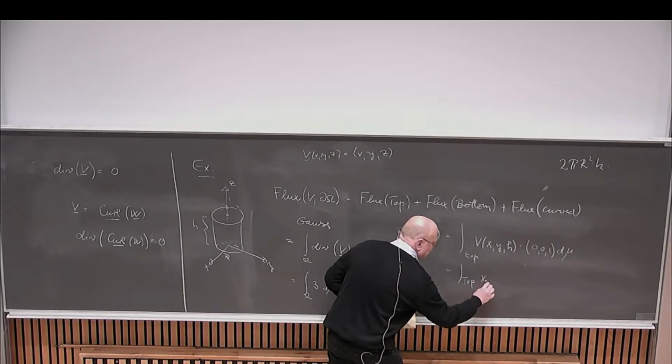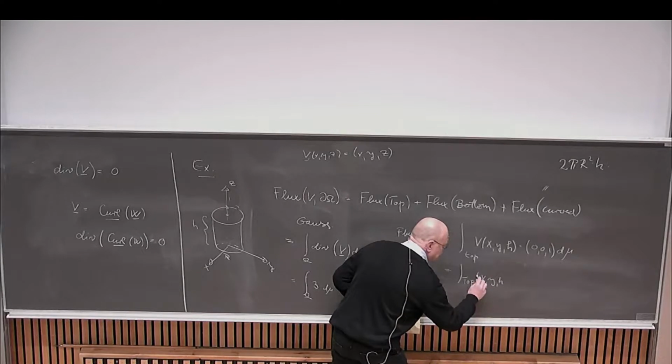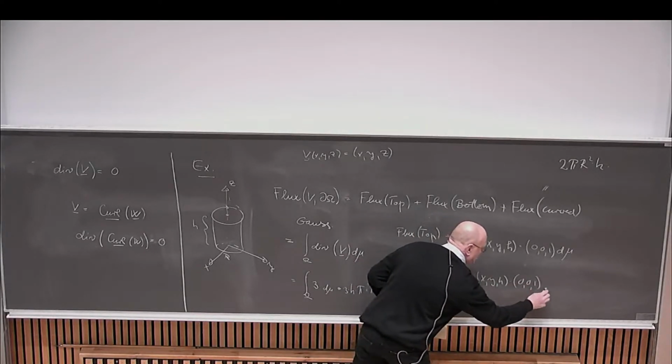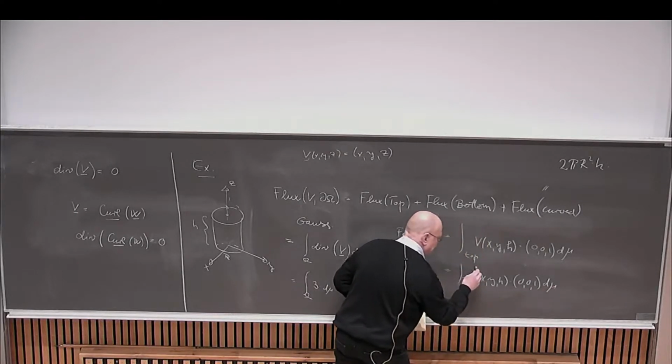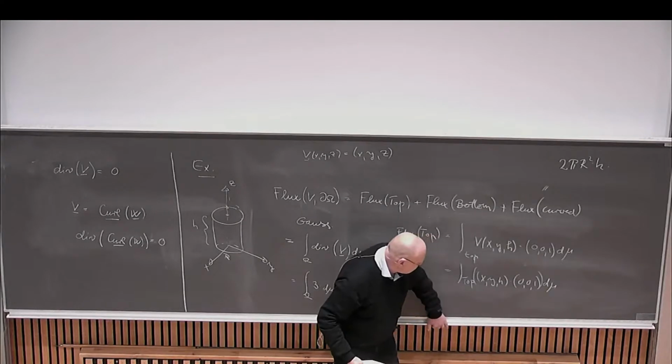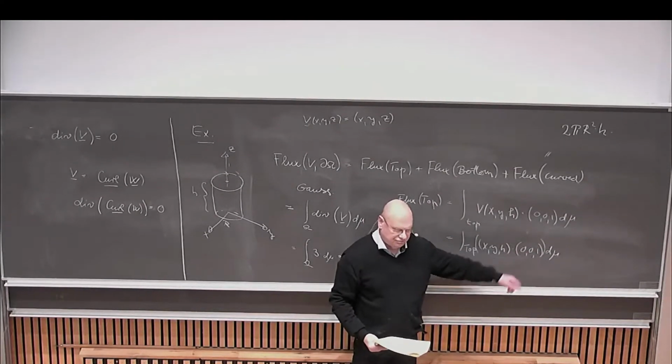This is x, y, h, the explosion vector field, dotted with 0, 0, 1. And when I perform this dot product, I just get an h.